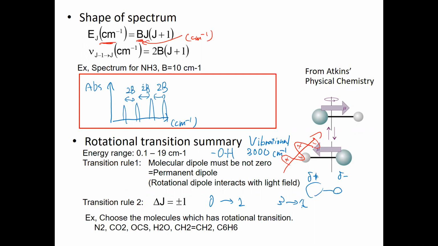Every step, J must be changed by one. This is obtained from quantum mechanical calculations. At this moment, I cannot explain the transition rule without mathematical procedures, but please keep in mind that the quantum number changes step by step.